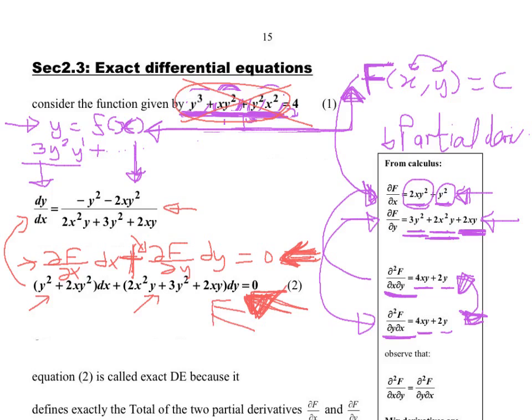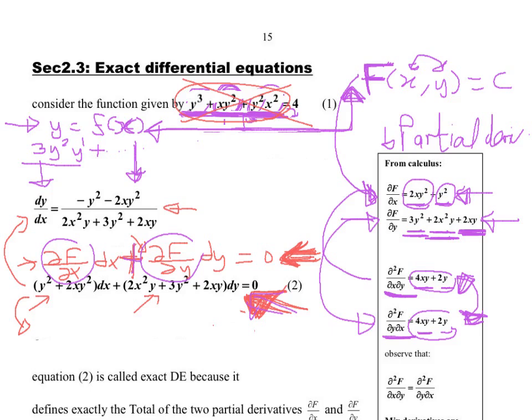We can check exactness simply by differentiating again, because we have said before that the mixed partial derivatives of a function are equal. So to check that it belongs to one f, differentiate again.